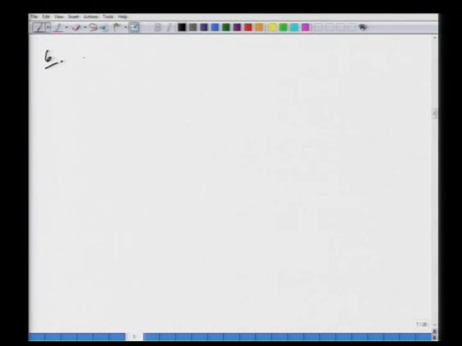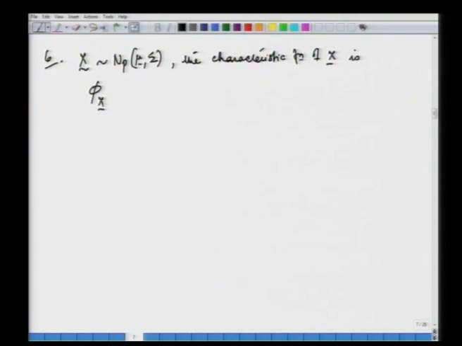Well, now we are going to talk about the characteristic function of x. We have already defined what a characteristic function of a random vector is. So, this is our next result, number 6. If x follows a p-dimensional multivariate normal distribution with mean vector mu and dispersion matrix sigma, the characteristic function of x is given by phi of x at t, where we use the same notation t, but now t is a vector because this is a random vector.